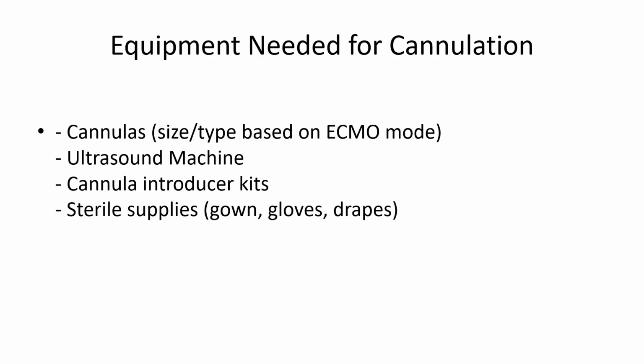So before we jump into the cannulation, the things that we need are the cannulas of various sizes, the drainage and return cannulas. You determine by the ultrasound. We check the vessel size and determine the size of the cannula that we want to use.